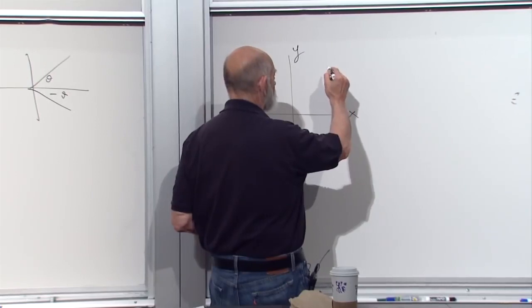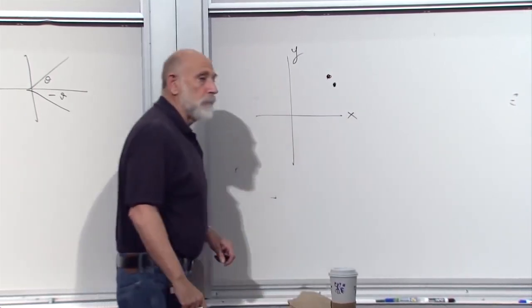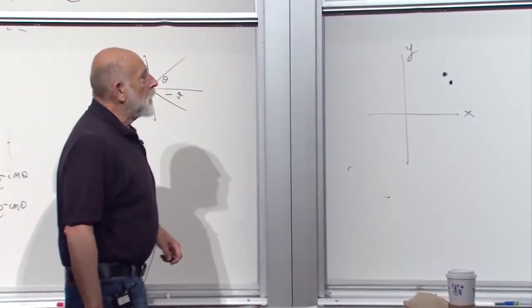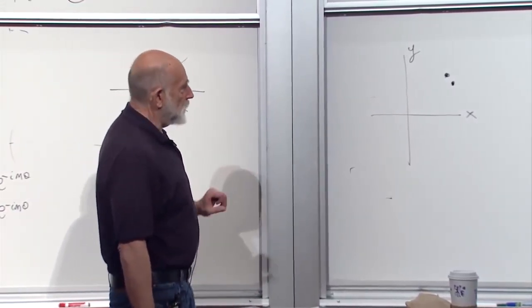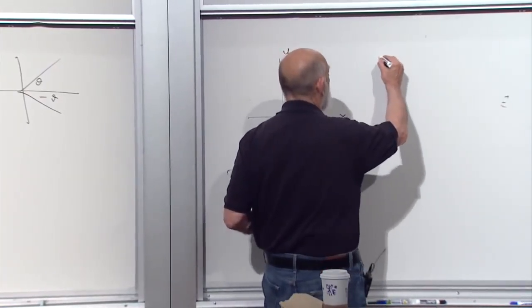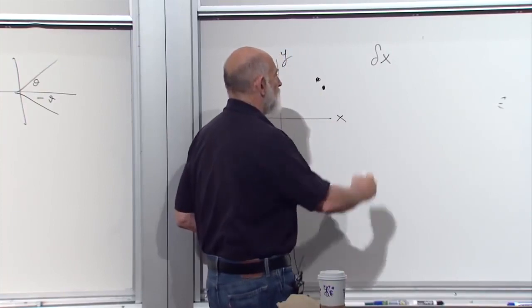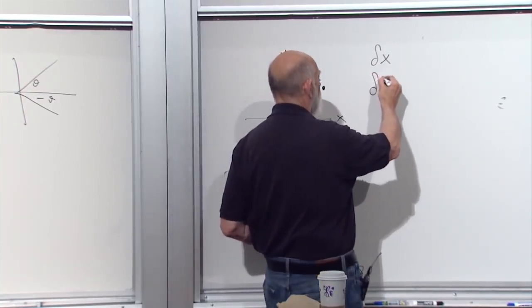So if the particle was at point xy, it moves to a new point. What's the new point? If the old point was given by xy, then the new point is shifted by an amount delta x and delta y.